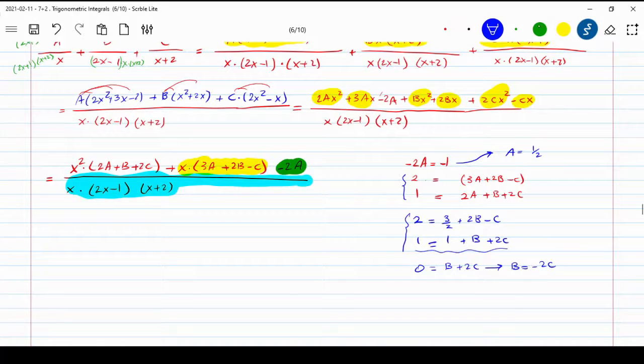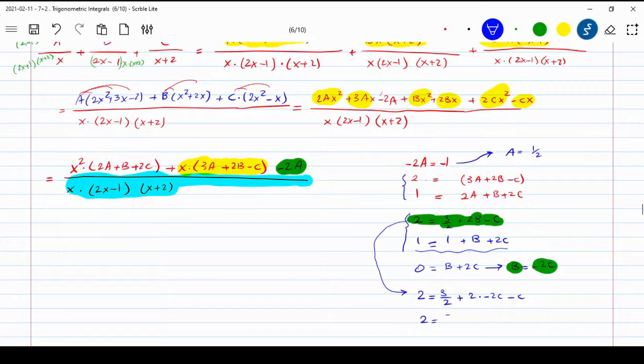So I will go back and replace b with negative 2c into our first equation here. So this equation becomes 2 equals 3/2 plus 2 times, instead of b we replace negative 2c, minus c.